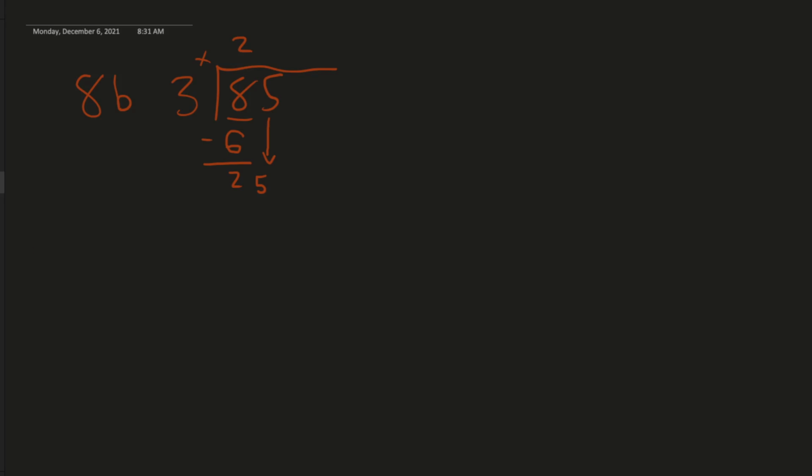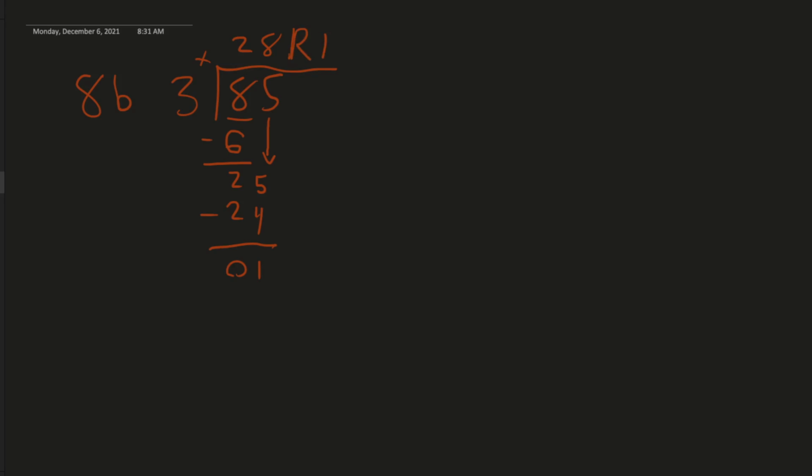So 3 goes into 25 8 times, right? And this leaves us with 24. We subtract here, we get 1 left over. And so 3 cannot go into 1. We can't bring anything else down. And so we say remainder of 1.